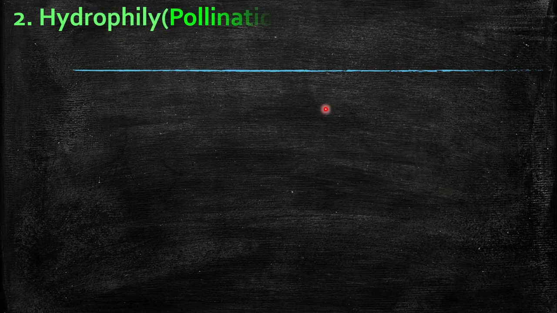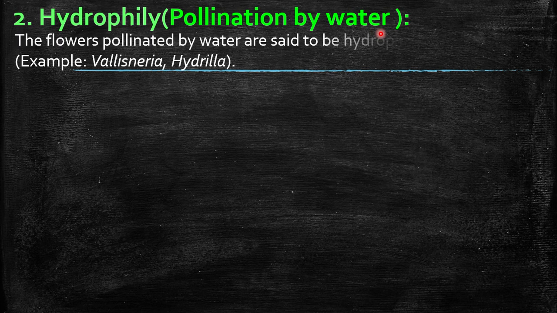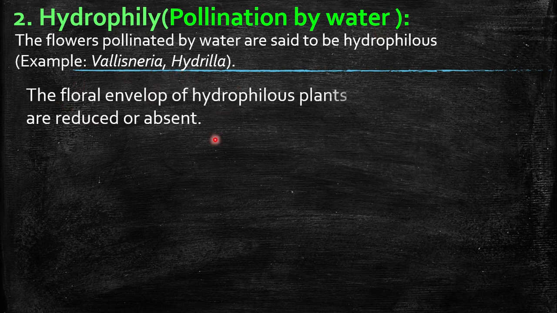Next, hydrophily, that is pollination by water. Flowers pollinated by water are said to be hydrophilous, for example Vallisneria and Hydrilla. The floral envelope of hydrophilous plants is reduced or absent.